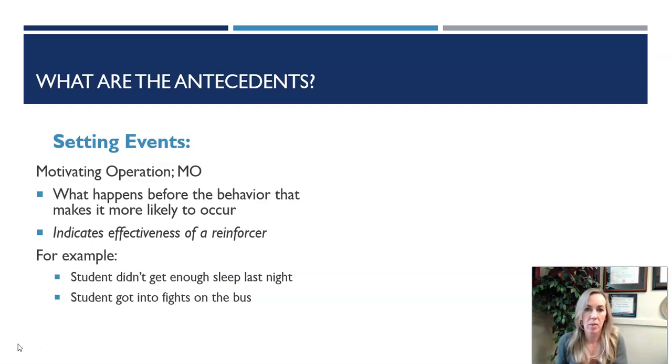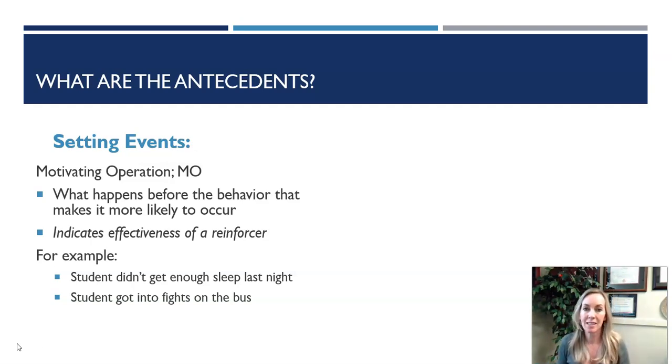Sometimes if we don't want the reinforcer, then we're not going to engage in the behavior because our reinforcer is no good to us. So reinforcers can fluctuate. The same thing could be valuable sometimes or not valuable at another time. And that also will affect the frequency of the behavior.